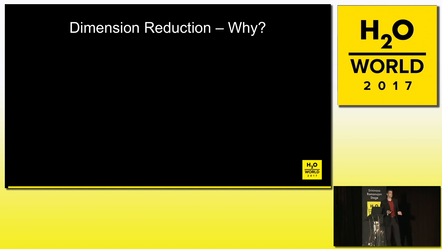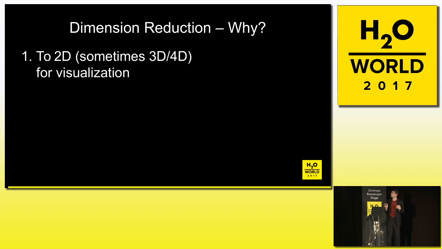So there's two main reasons we would do dimension reduction. The first is when we want to visualize our data. If we have 1,000 dimensions, we can't see that on the screen. So we reduce to 2 dimensions normally, possibly 3. If you use colors, you can get 4, but normally 2 dimensions.